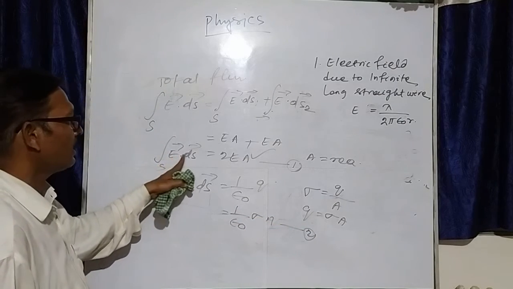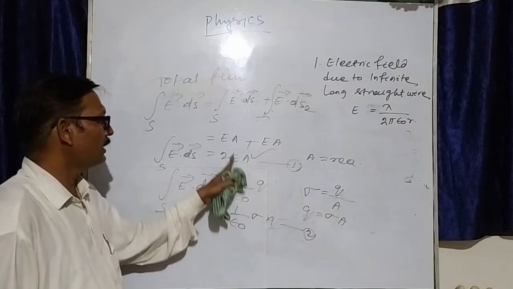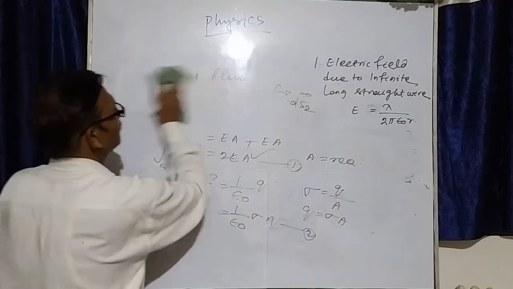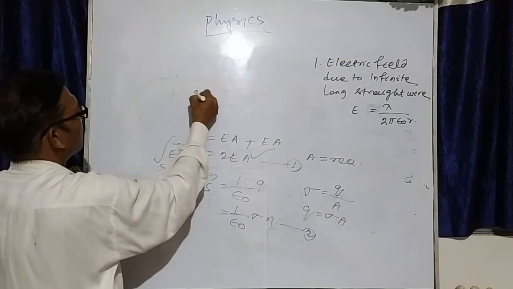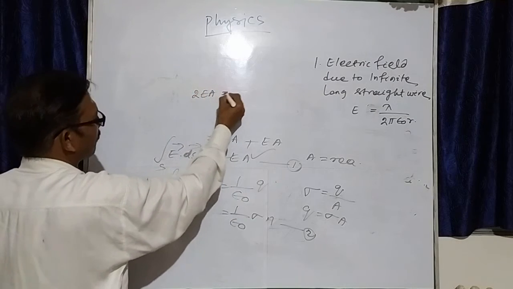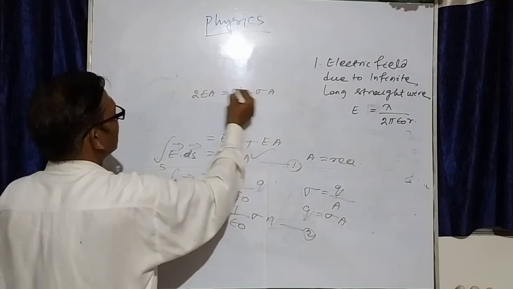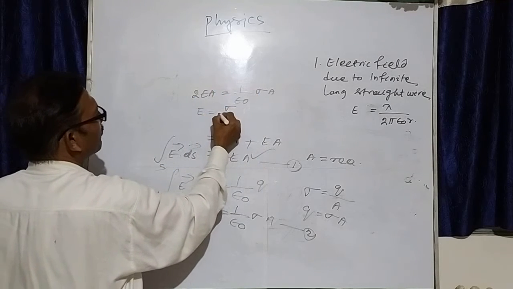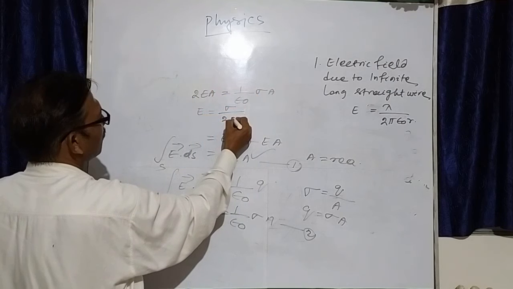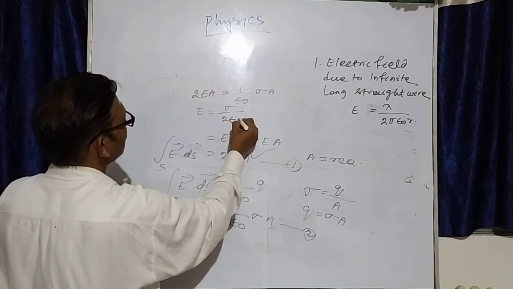Now you see the flux here is 2 EA, and here the flux is 1 by epsilon 0 sigma A. Equate this and this. So 2 EA is equal to 1 by epsilon 0 sigma A. You see A cancels. So E is equal to sigma divided by 2 epsilon 0.